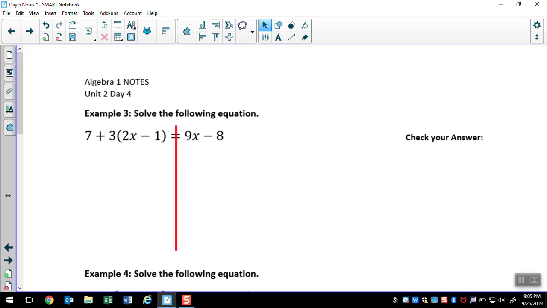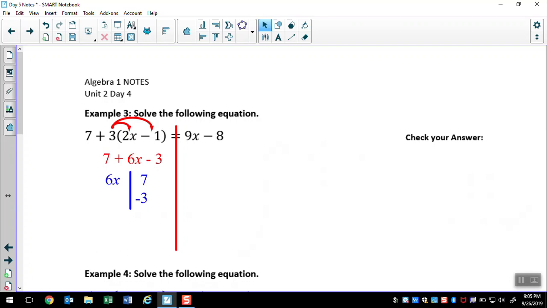To simplify, remember the first thing we do is to distribute. So I'm going to distribute my 3 to the 2x and the negative 1. When I do that, I end up with 7 plus 6x minus 3. Now, the second part of simplifying is to combine my like terms. This is where I like using that strategy of grouping them.